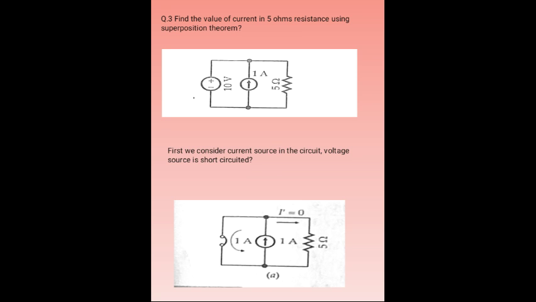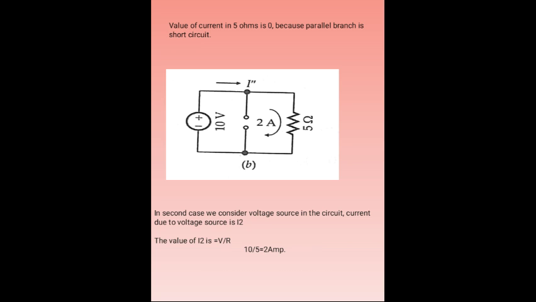Now in step 2, we calculate the value of current I2 due to the voltage source of 10 volt. In the given network, the current source is replaced as open circuit as shown in figure.